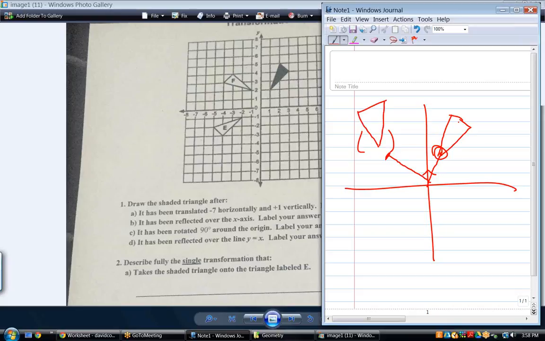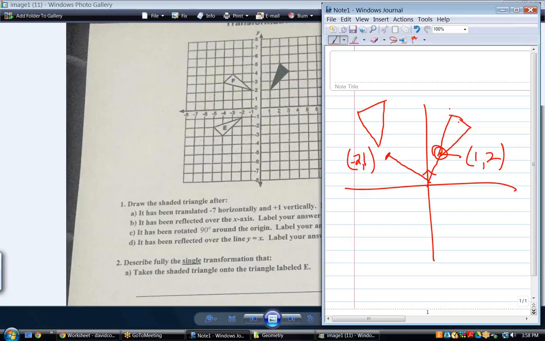It's not quite right, but let's put some labels. First of all, let's label that. What's that vertex? 1, 2. What's it going to be after rotation? -2, 1. And we're going to essentially do that with all 3 vertices.